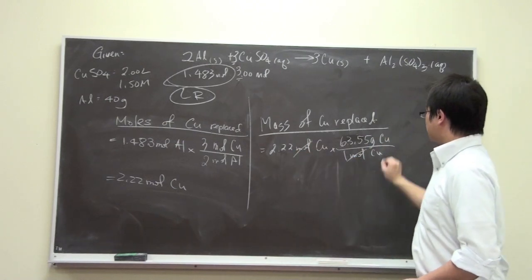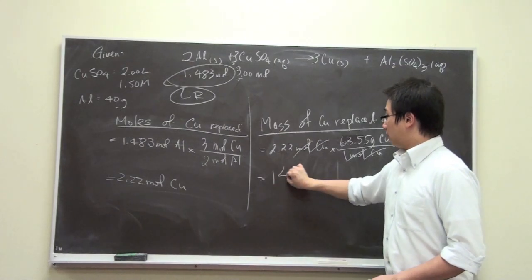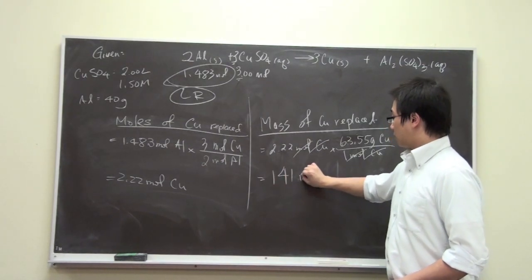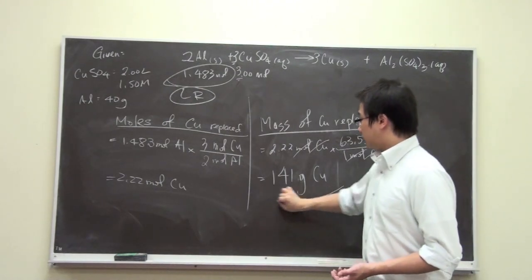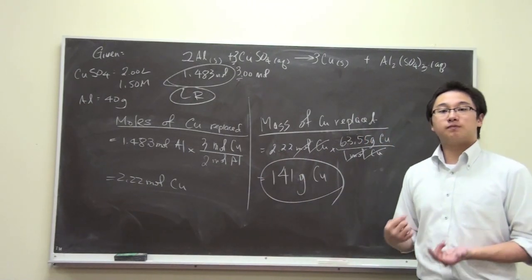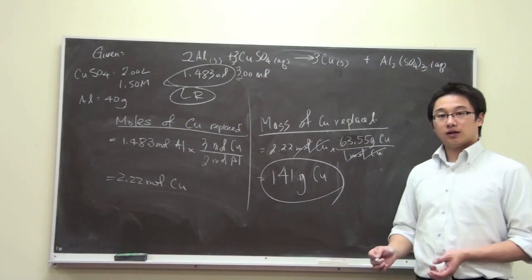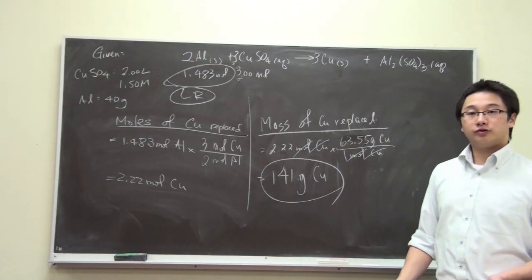So moles cancel out, copper cancels out. So we would get 141 grams of copper. So from this reaction, this is the mass of copper that we expect to get if this reaction has 100% yield.